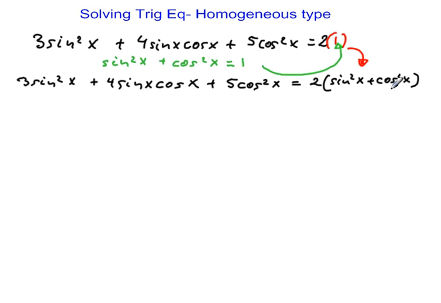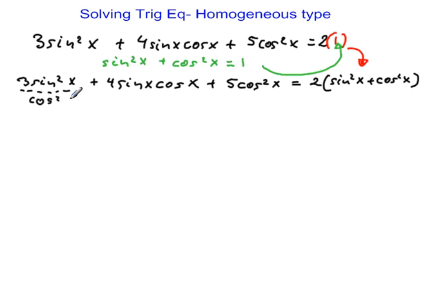we do that, we can foresee the next step, which will be dividing each term by cosine squared x. So I'm going to show this like so.